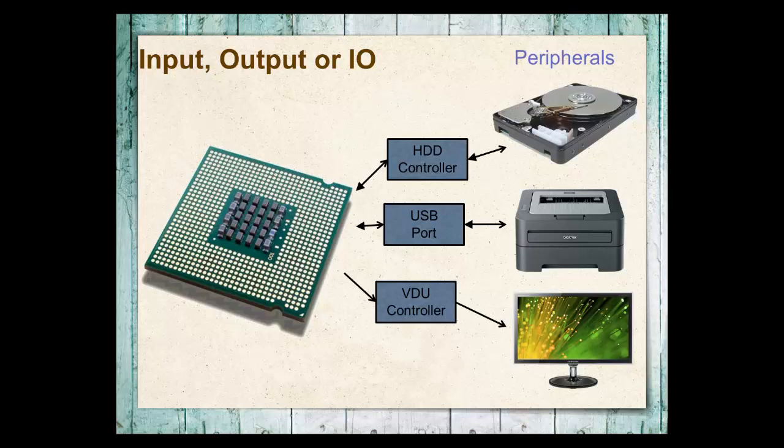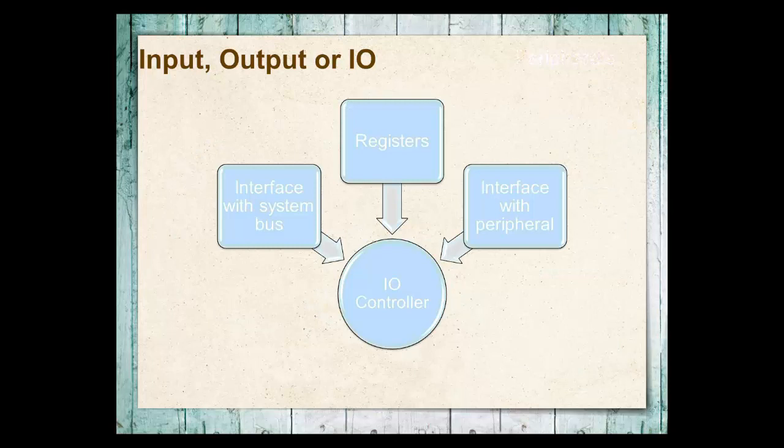The I/O controller, you might notice that I put USB port, but I put controller in this. That's because of this part here. I wanted to highlight the fact that the controller actually consists of 3 parts itself. The first is the interface, a set of electronic components that allows that controller to communicate with the system bus.